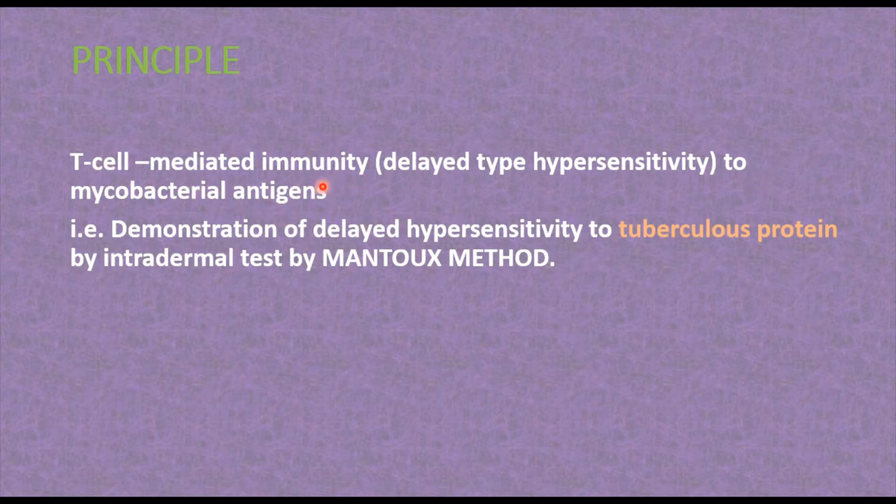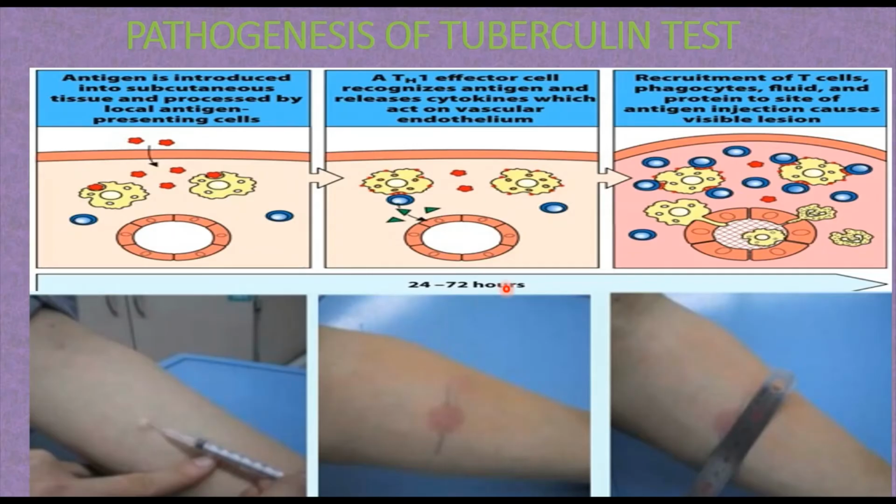T cell mediated immunity is nothing but delayed type hypersensitivity. So here we are going to demonstrate delayed type hypersensitivity to tuberculous protein by a test called the intradermal test, by Mantoux method.